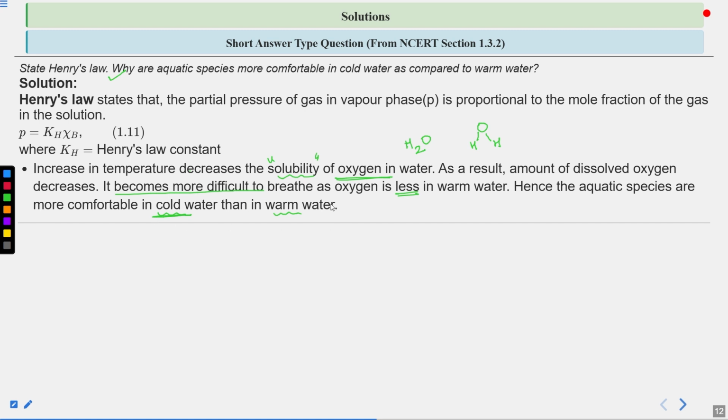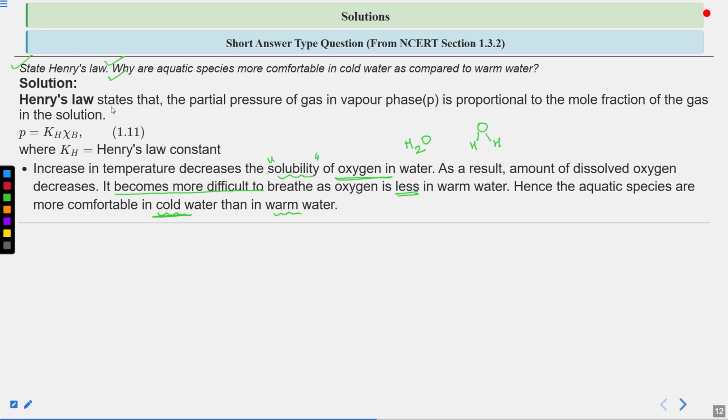So this is the main reason why aquatic species are more comfortable in the cold water as compared to the warm water. You can also add some other points, like how the solubility of oxygen is decreasing, what the reaction will be. You can add some more points into it. So this will be the correct explanation for our question, or you can say two questions in a single question.